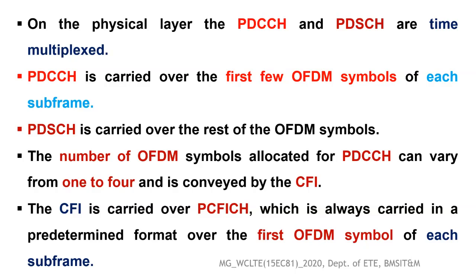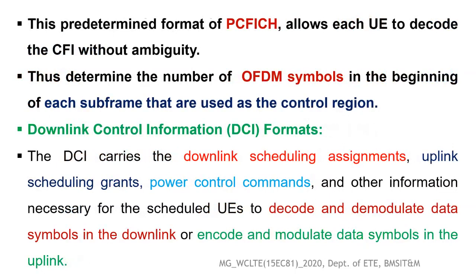So in every subframe, the first OFDM symbol will be the physical control format indicator channel. Because PCFICH has a predetermined format, it allows the user equipment to decode the CFI without any ambiguity.